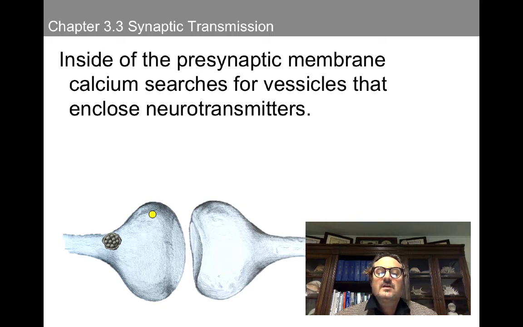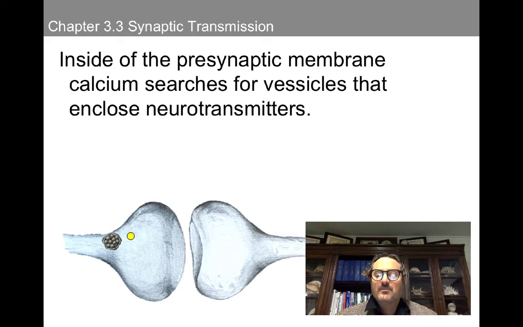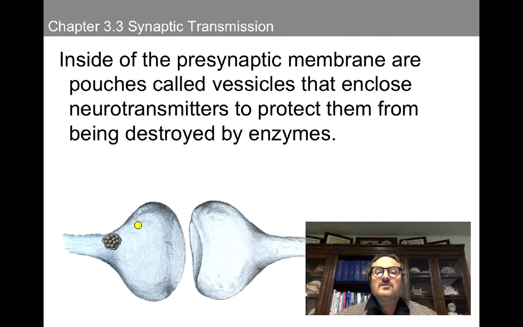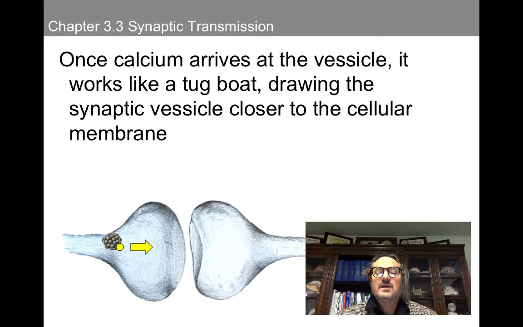And here we see the calcium has entered. And so inside of the presynaptic membrane, calcium searches for vesicles. And once it finds one, it actually transports it to the presynaptic membrane.